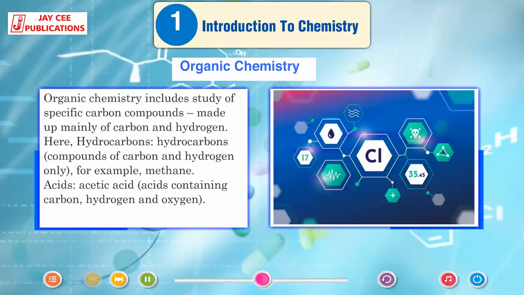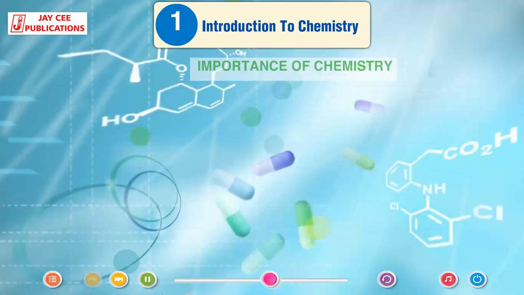Organic chemistry includes the study of specific carbon compounds made up mainly of carbon and hydrogen. Here, hydrocarbons: compounds of carbon and hydrogen only, for example, methane. Acids: acetic acid, acids containing carbon, hydrogen and oxygen.